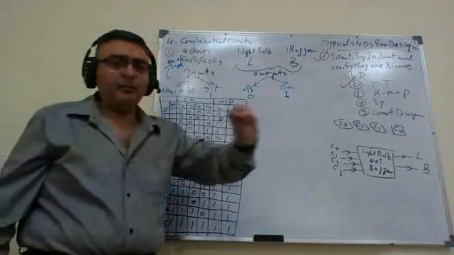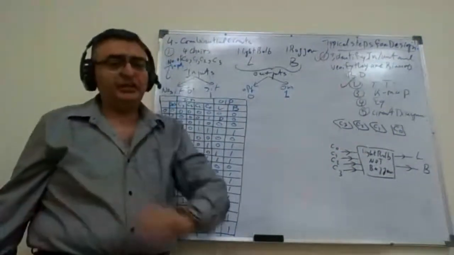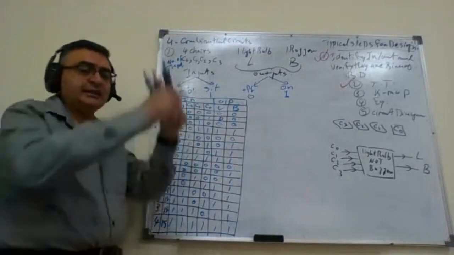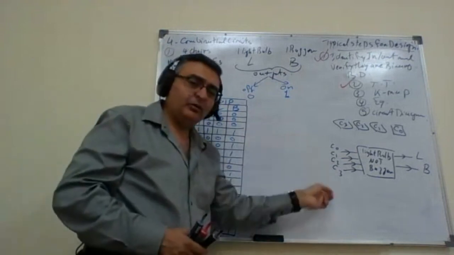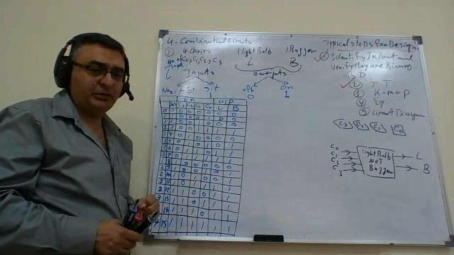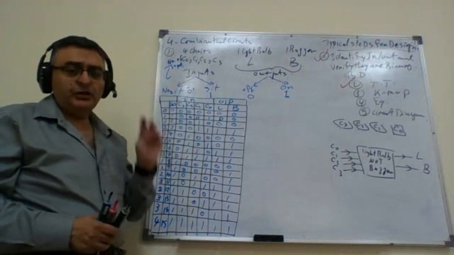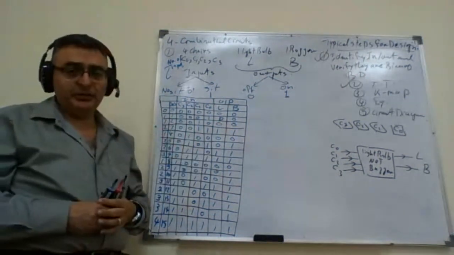A K-map per output: a K-map for L and a K-map for B. What's the size of each K-map? The size depends on the number of inputs. I have 4 inputs in the problem, so each of the 2 K-maps should be a 4-input K-map.